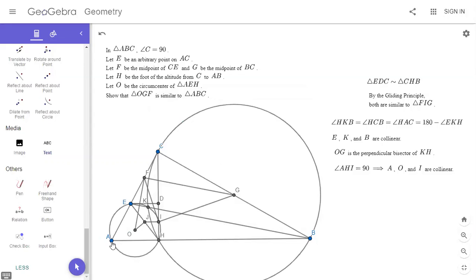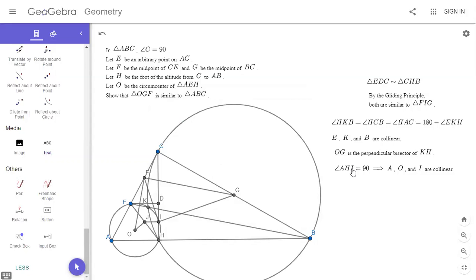Since angle AHI is 90 degrees, points A, O, and I are collinear. Does that make sense? Basically, AI is a diameter, since angle AHI is 90 degrees. Yes.